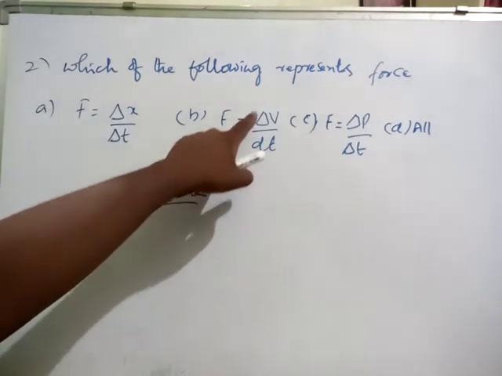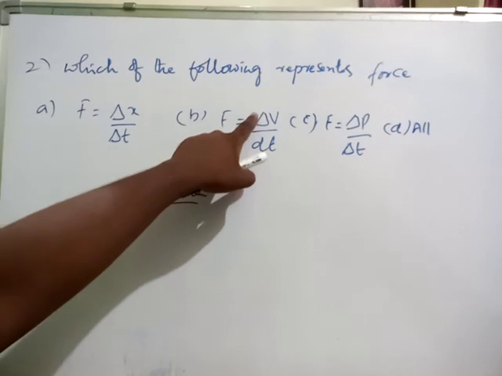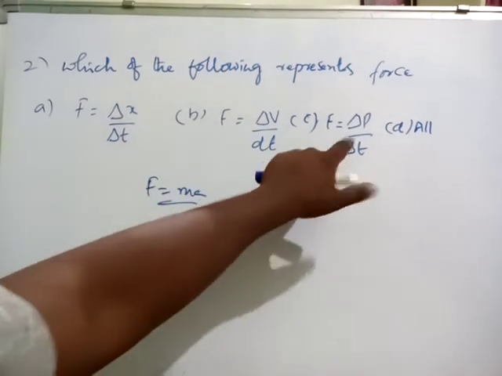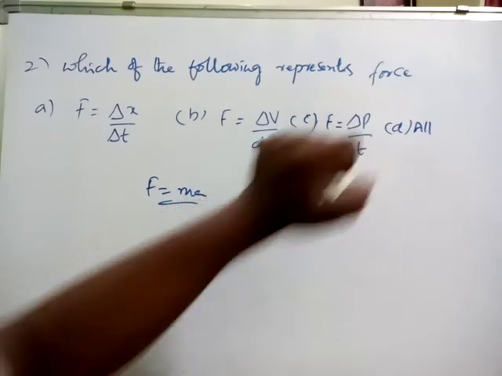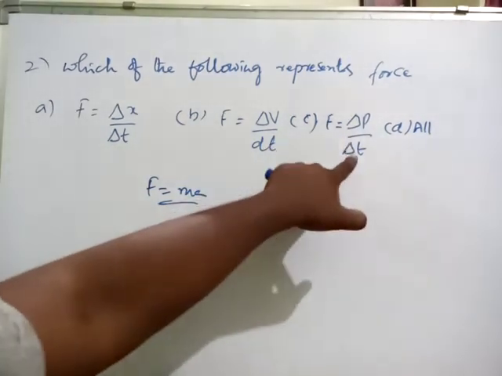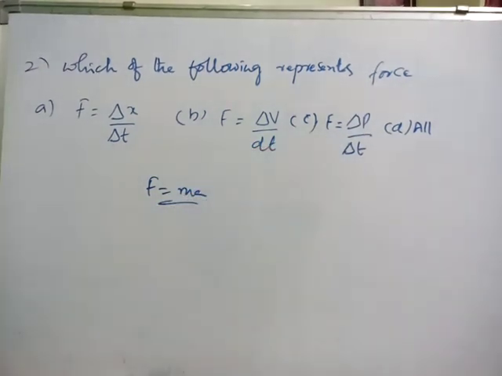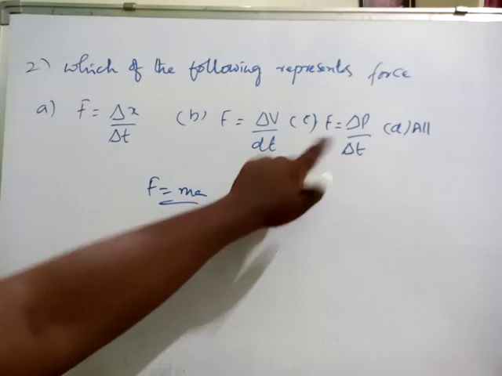F is equal to delta v by delta t is the rate of change of velocity, that is acceleration, so this one also is not. Delta p, p means momentum. The rate of change of momentum is called force. So the option will be C.